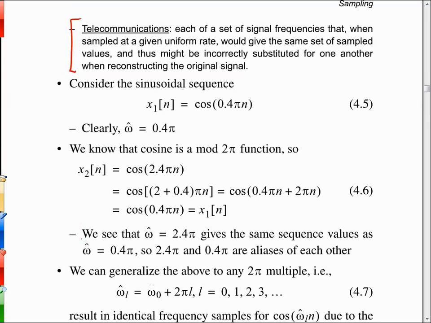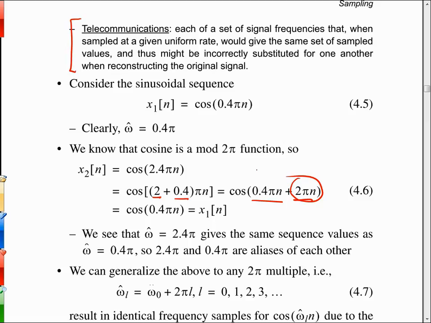So we take 0.4 pi n as an example, so omega hat is 0.4 pi, and we know that cosine is a mod 2 pi function, so what about 2.4 pi? Well, when we break that down, we have a 2 plus a 0.4 that can be separated apart, and then when we multiply that through, we have the original 0.4 pi, and then what does having 2 pi n do in the argument of the cosine?